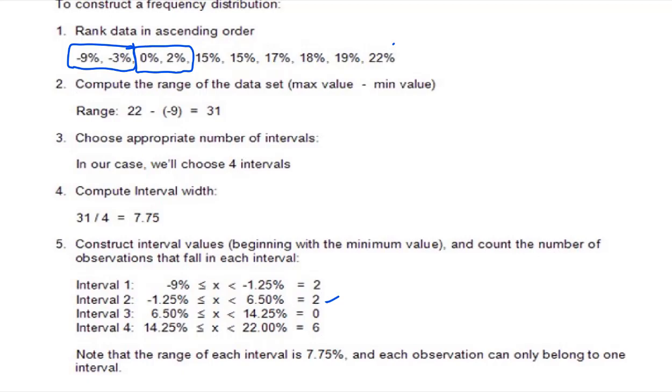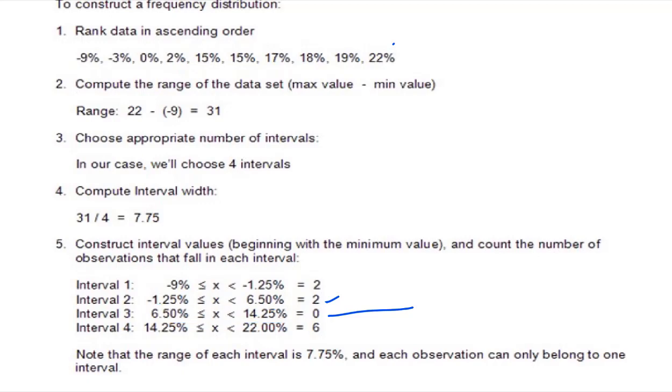And then the third interval is from 6.5 to 14.25. You could see that I have no values that fall within this range. Look at them. I jumped from 2 to 15, so there's nothing fitting between 6.5 and 14.25.